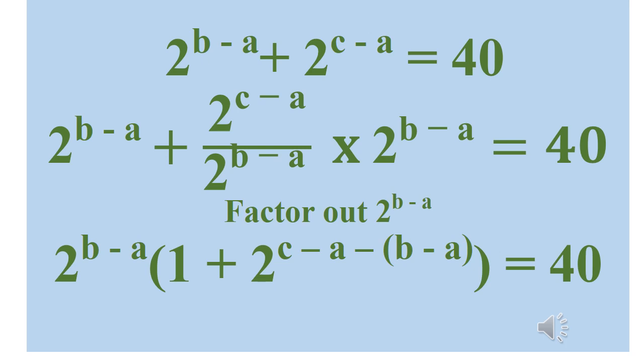But because of that over, and they have the same base 2, we take one of the two, then we minus the power, which will now become 2 raised to power c minus a minus b minus a into bracket. Then we close the big bracket, we have equals 40. So we have 2 raised to power b minus a, open bracket, 1 plus 2 raised to power c minus a minus open bracket b minus a close bracket, close the bigger bracket, equals 40.